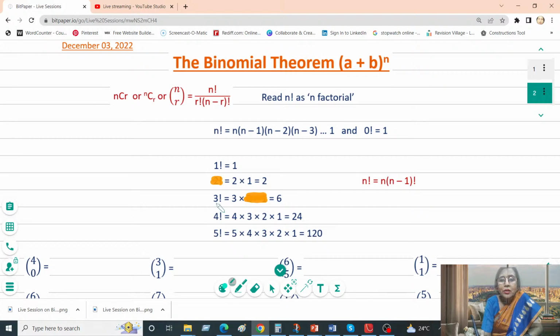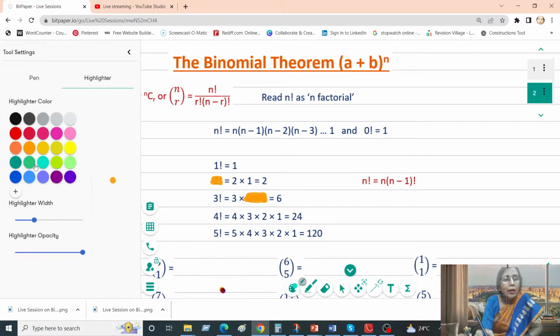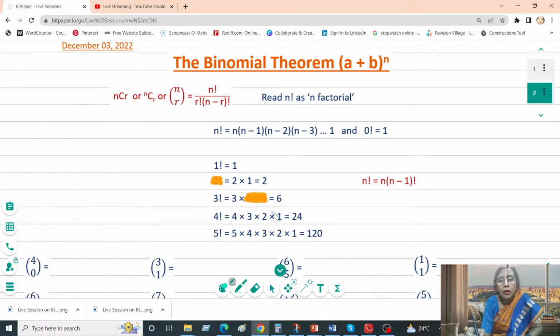So we get 3 factorial equal to 3 times 2 factorial. What about 4 factorial? If we take this part, it was 3 times 2 times 1, which is 3 factorial. So 4 factorial is 4 times 3 factorial. What about 5 factorial? 5 factorial will be 5 times 4 factorial.